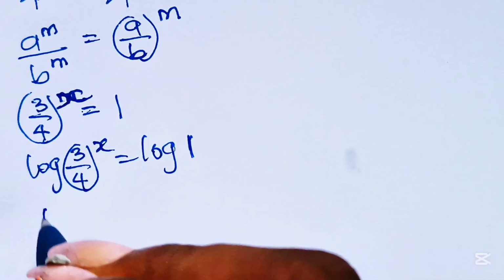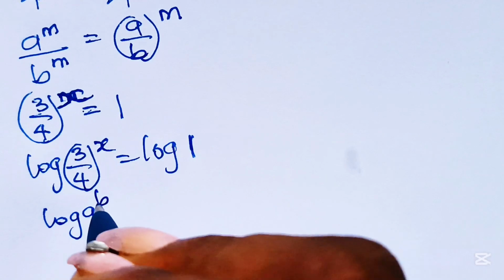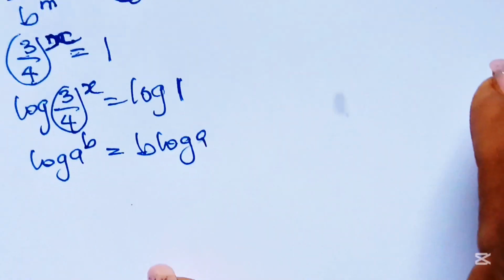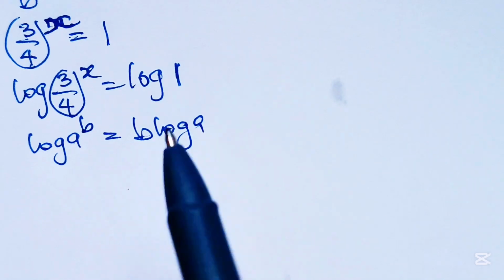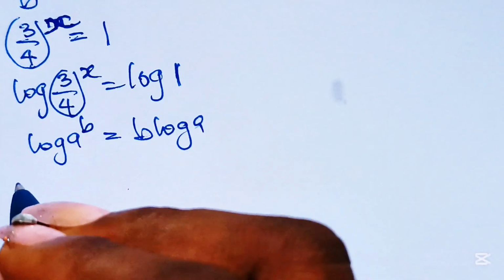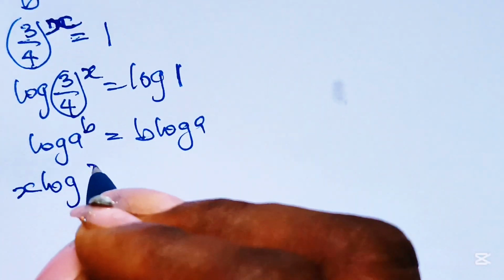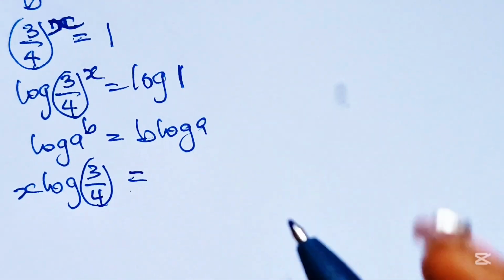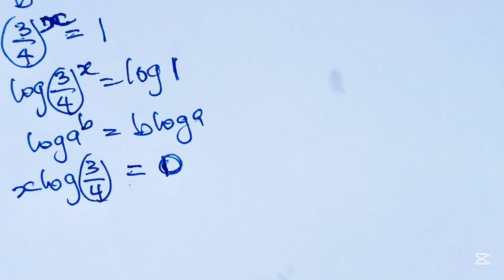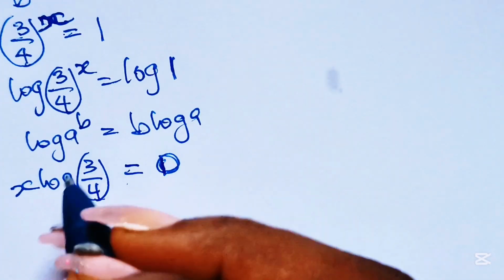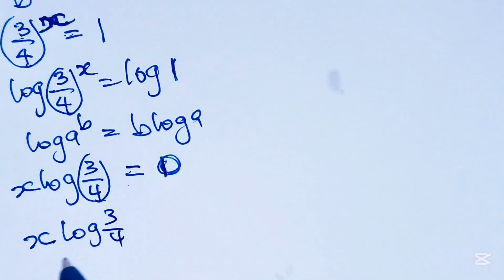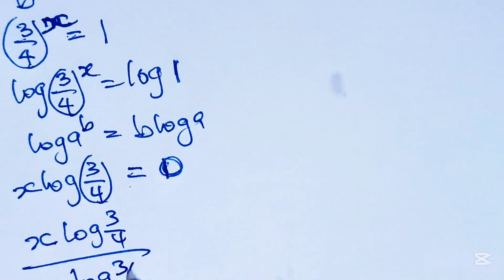Now when you have log a to the power of b, this is equal to b multiplied by log a. So that simply means that we can write this as x multiplied by log 3 over 4 is equal to, now log 1 is 0, right? Yes, it's 0, sorry. All right, now we have x log 3 over 4 divided by log 3 over 4.